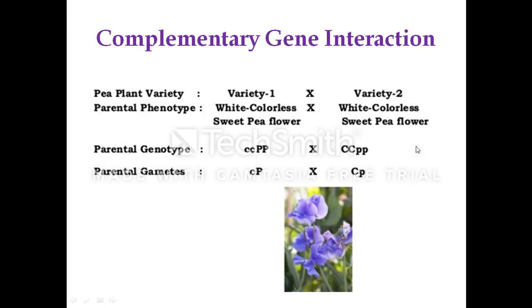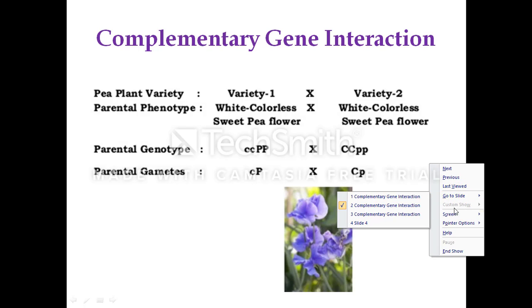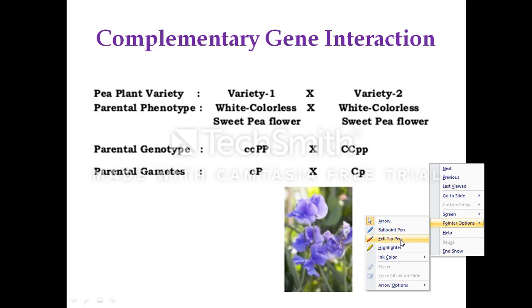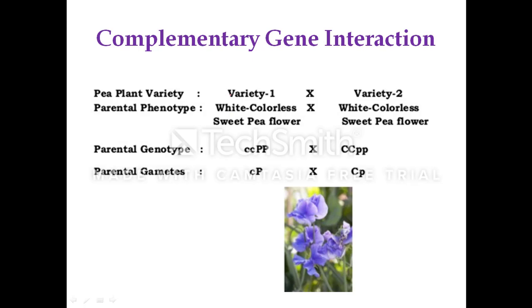Here, two white or colorless flower bearing plants were crossed. One parent's genotype is small cc and capital PP. Similarly, the other white flower bearing plant's genotype is capital CC and small pp.